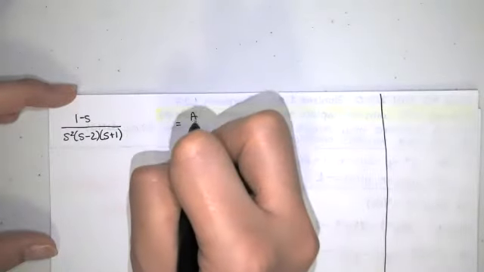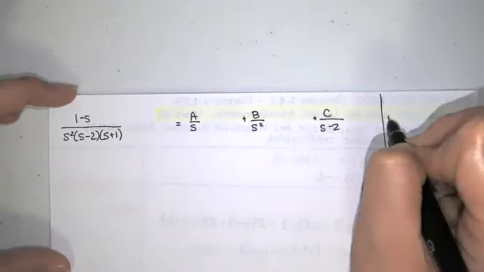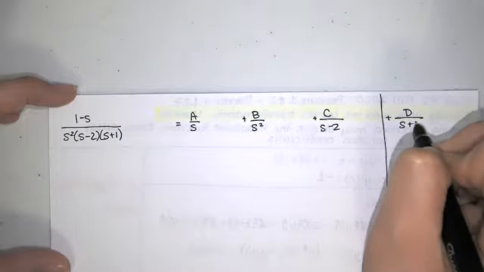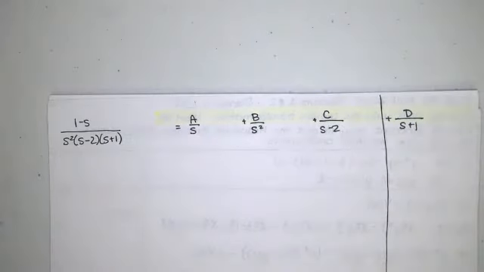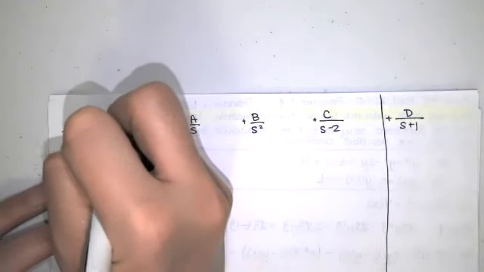So we'll have a over s plus b over s squared for that repeated linear factor, plus c over s minus 2 plus d over s plus 1. And we're taking each of these terms and multiplying it by the LCD, which is always the original denominator.